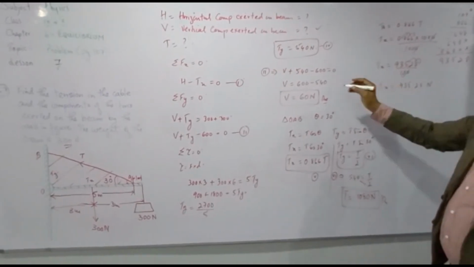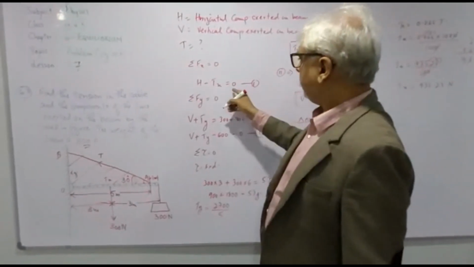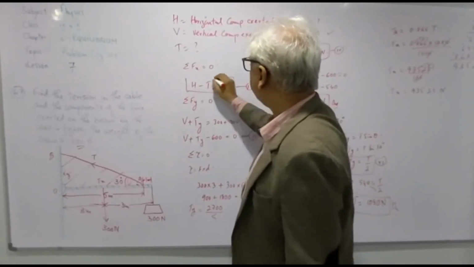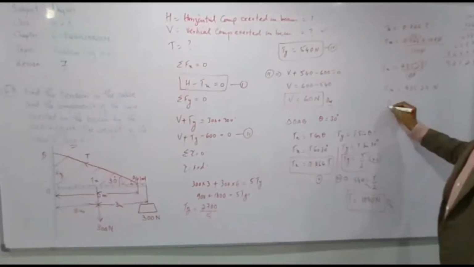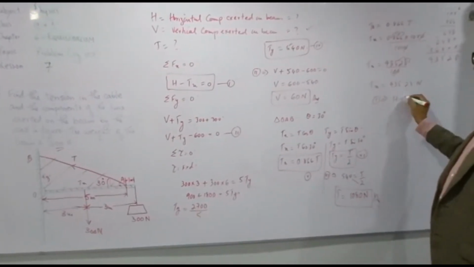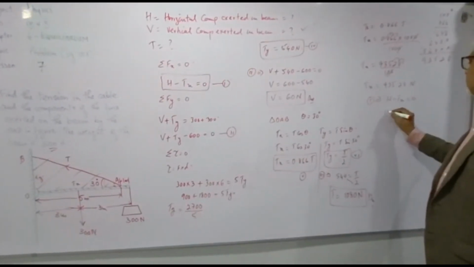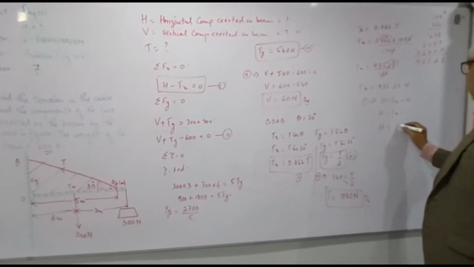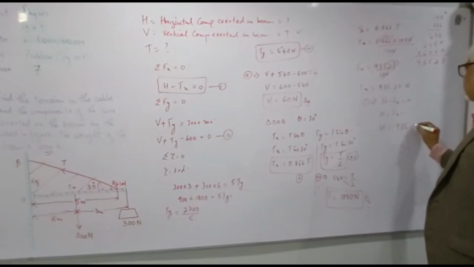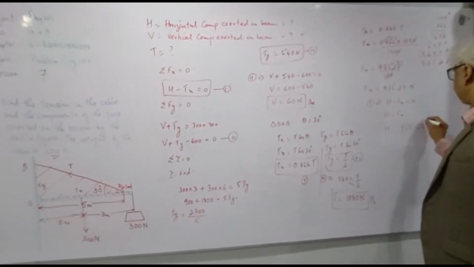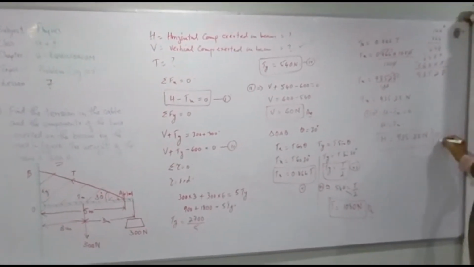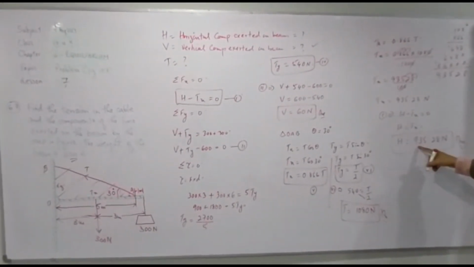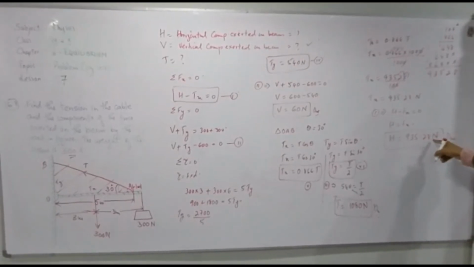And you know that Tx equals H. Here you can see in equation number 1, we have H minus Tx equals 0. So H equals Tx, so your horizontal component is 935.28 Newton. So I've just calculated the horizontal component, which is 935.28 Newton.